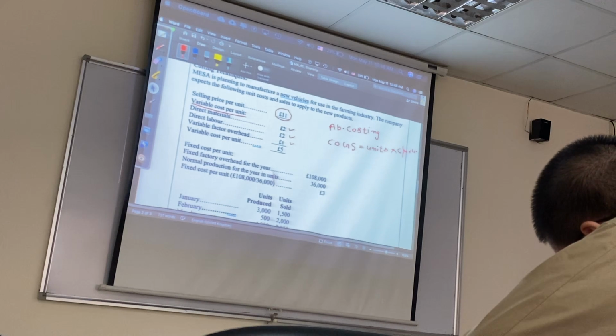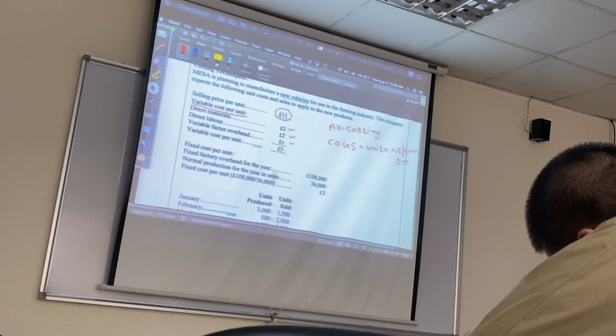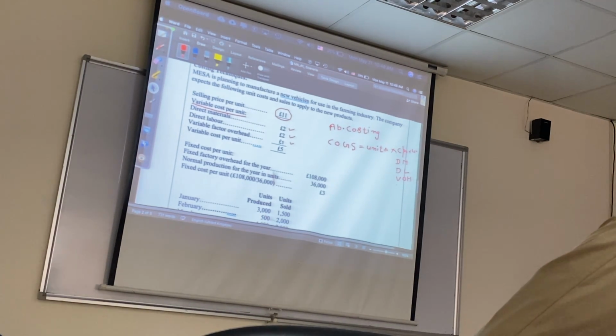So it means direct material, direct labor, and overheads. Overhead means variable overheads and fixed overheads. Both. Of course, because overhead is variable plus fixed both. Alright? So keep in your mind. Don't use just variable. So let me go back if you did not understand.